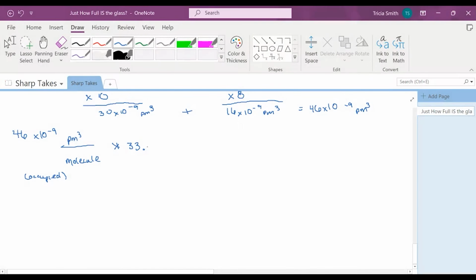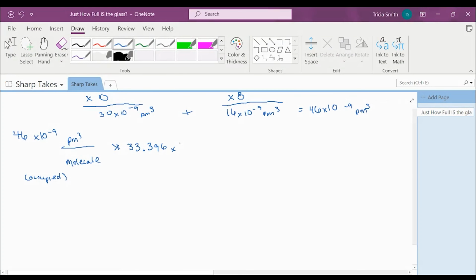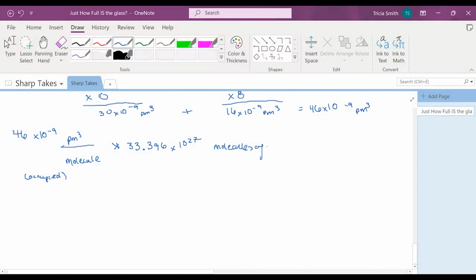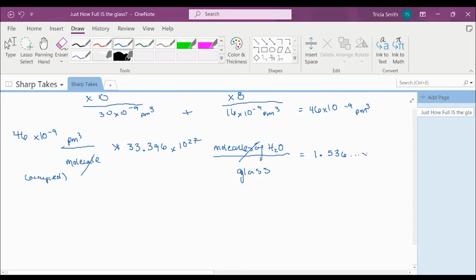Times 33.396 times 10 to the 27 molecules of H2O per glass, and the molecule unit cancels out with molecules, and this leads us to 1.536 blah blah blah times 10 to the 21 picometers cubed per glass is occupied.